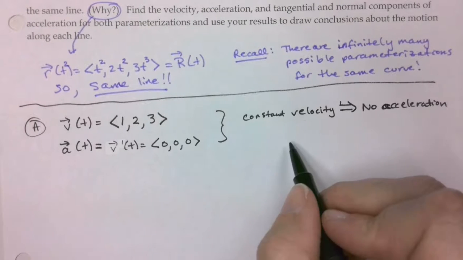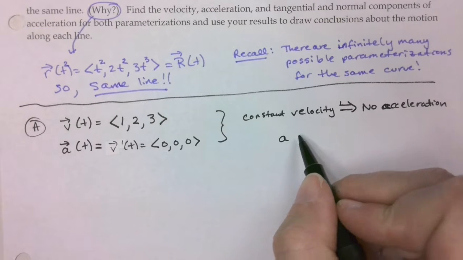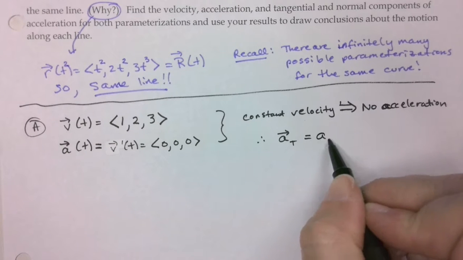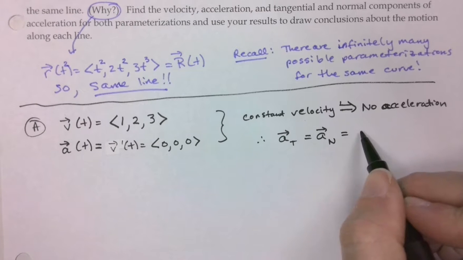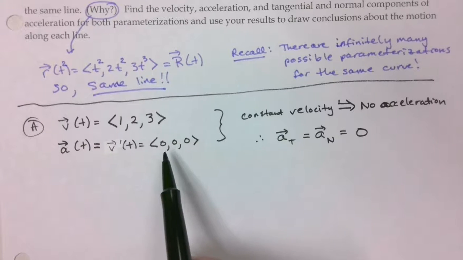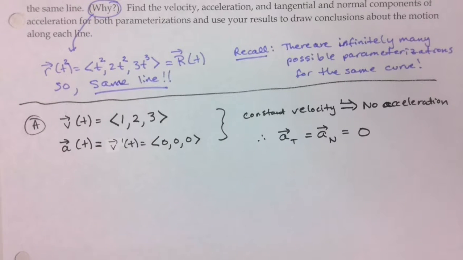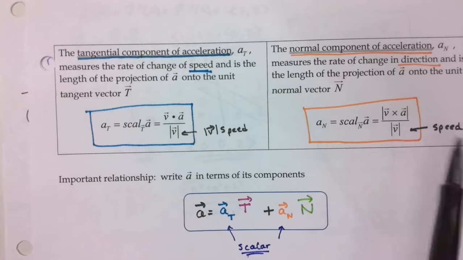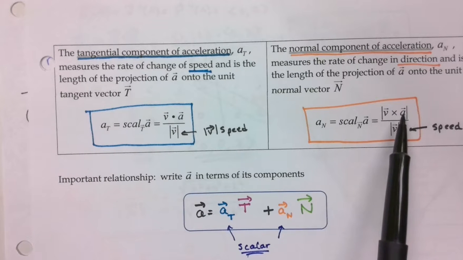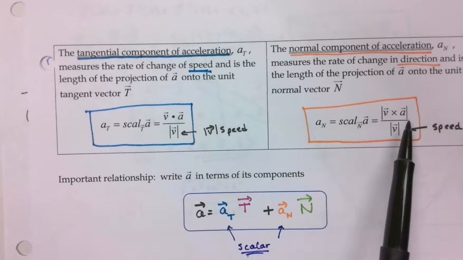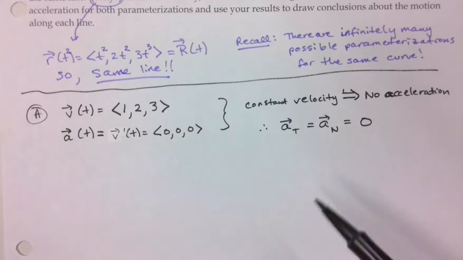And that means if there's no acceleration, then the component in the tangential direction and the component in the normal direction would both be 0. Right? Because if you think about the definition of the tangential components of acceleration, one involves the dot product of the acceleration vector, but that's a 0 vector. One involves the cross product, but it's a zero vector. So the dot product with a zero vector is 0, and the cross product with a zero vector is still 0. So it's going to be 0, which is why these are both 0.